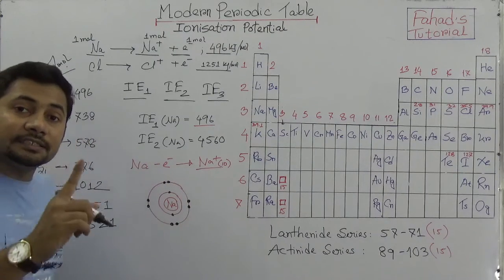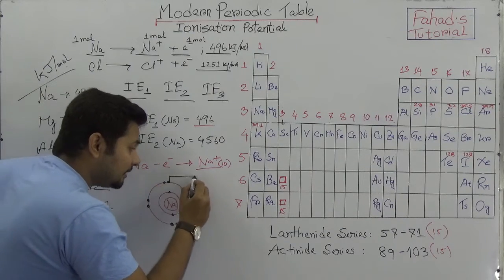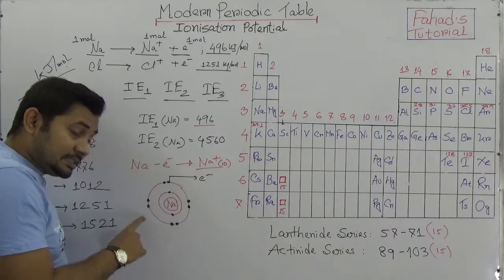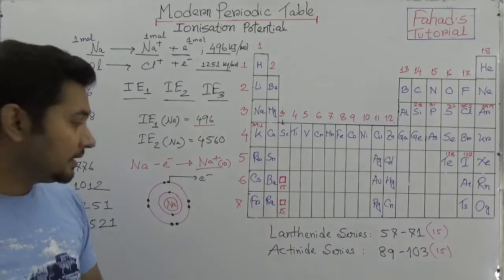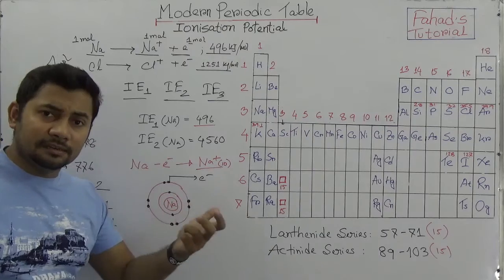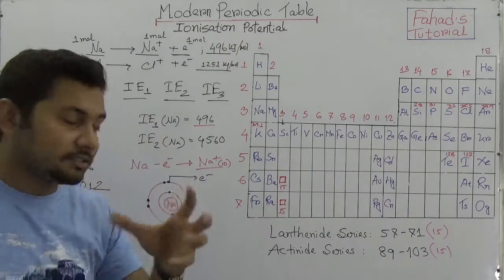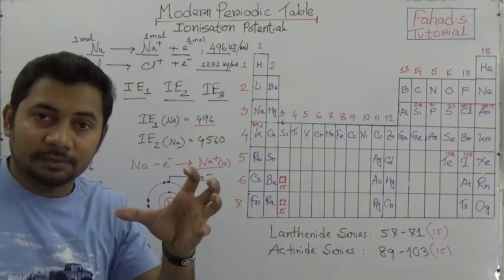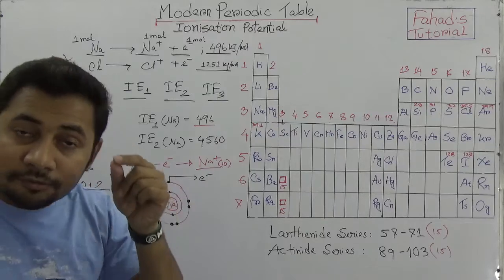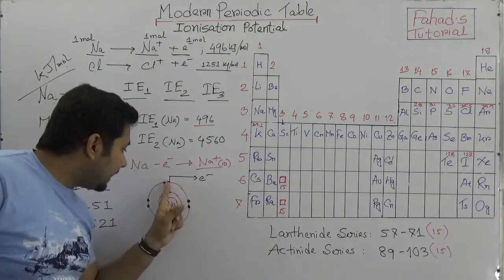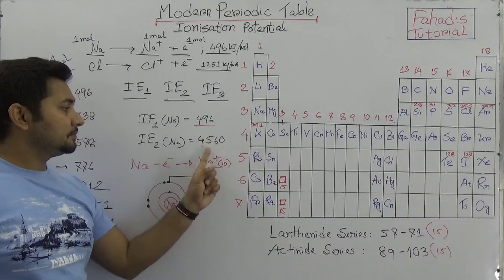Now ionization energy 2 means removing another electron from this state, where sodium has gained stability and become like neon. While it has 10 electrons it is more stable, and from that stable state, if you want to release another electron, you require more energy.